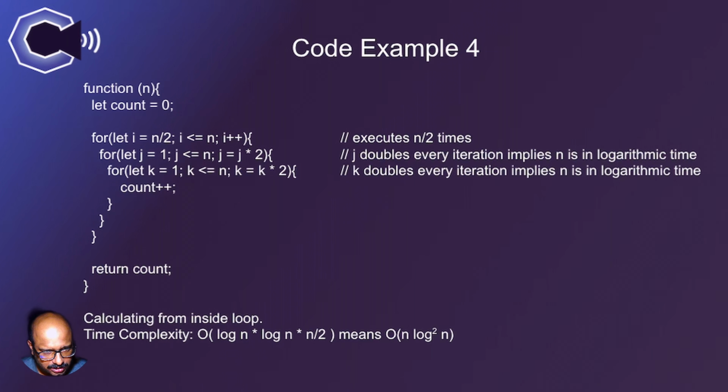So both of these inner loops run in logarithmic time. And for the outermost loop, since it starts with n by 2, it executes n by 2 times. So the total time complexity we can calculate as O of log n whole square into n by 2, which means O of n into log n whole square.